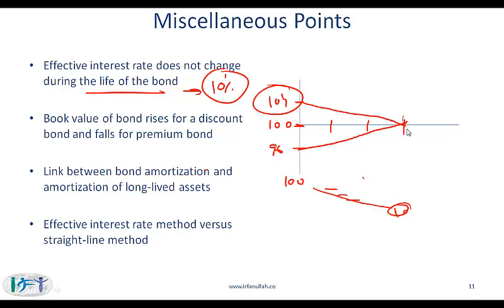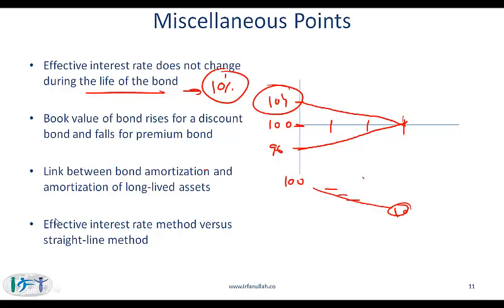So in a sense, amortization has the same meaning in both cases, on the asset side and the liability side. We are just making changes to the value on the books so that ultimately the value on the books represents what you expect the final liability to be.